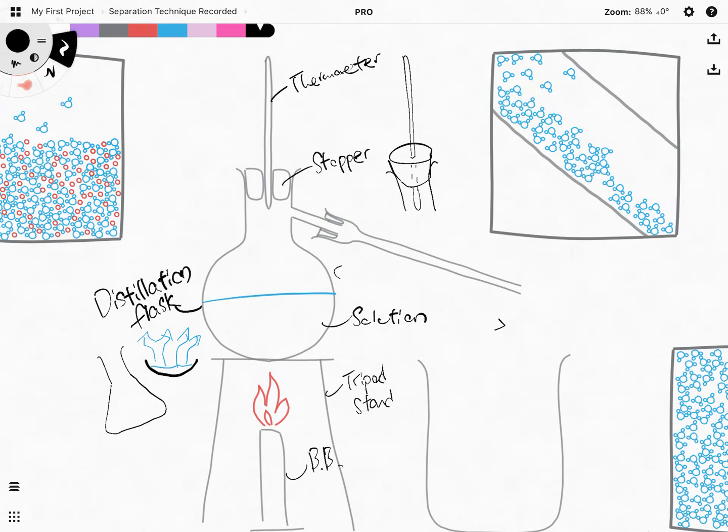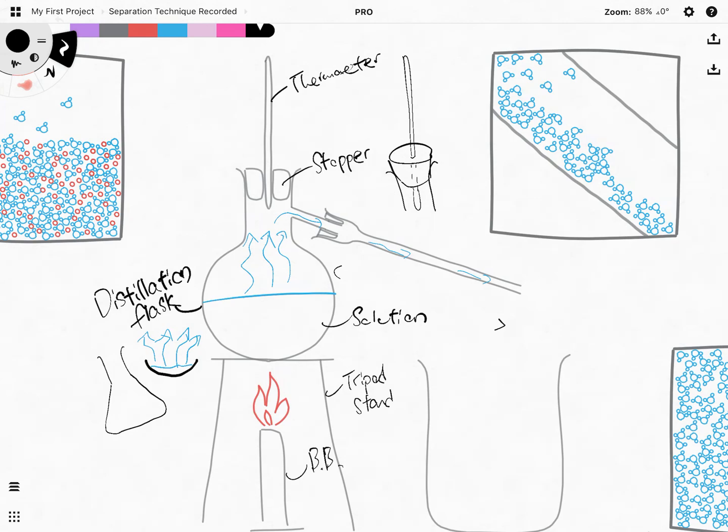Here, we are creating an environment where whatever evaporates away will be collected and runs down this tube. So this is why we need to create this setup.